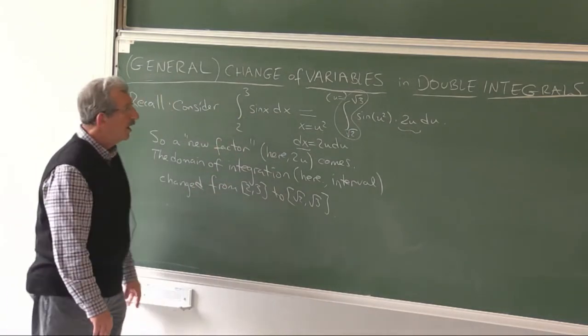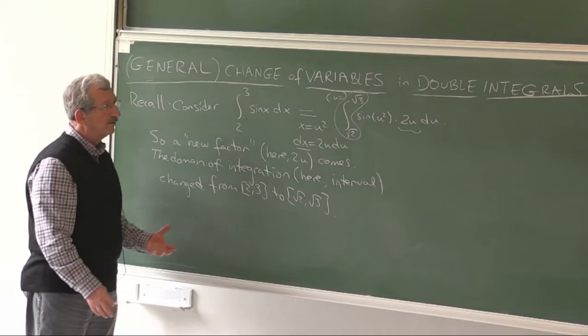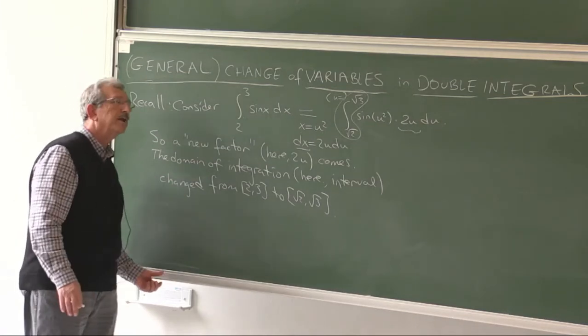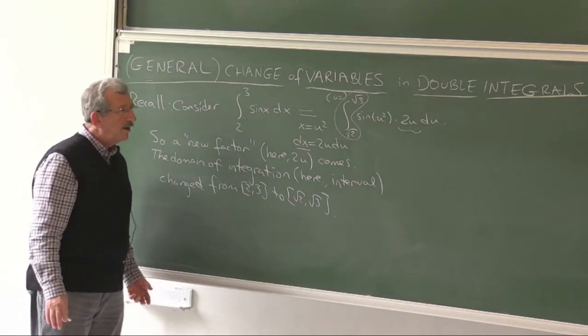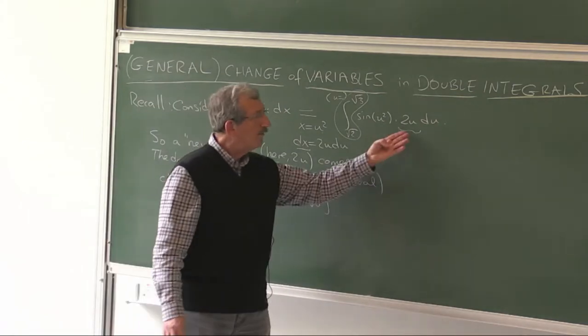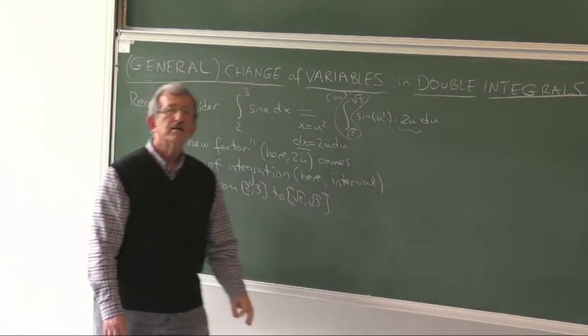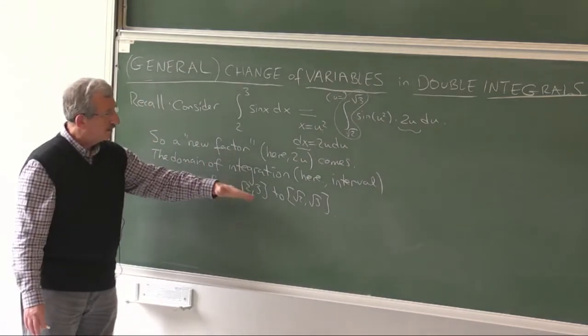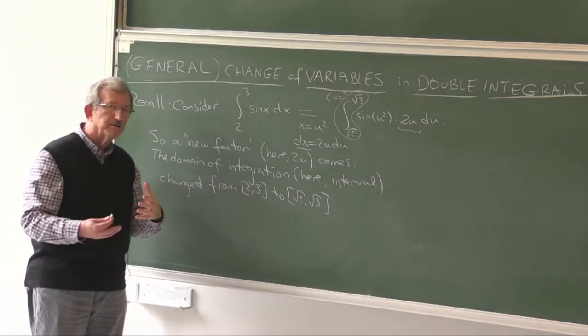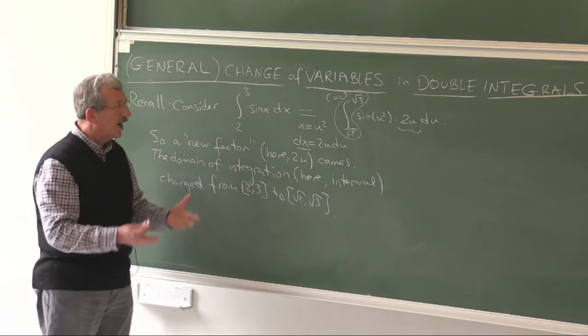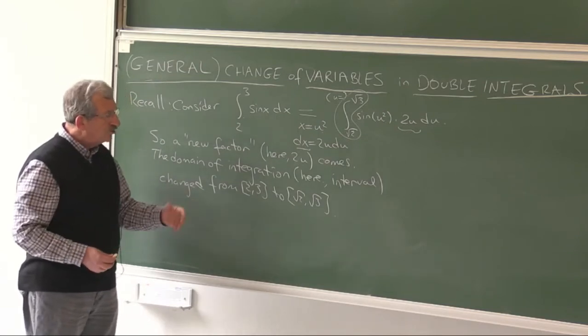Now, how would this happen in a double integral? Well, exactly the same way. We will have an extra factor, and the domain of integration, well, here an interval, but in a double integral it's D, it will change. Now, how did it change?